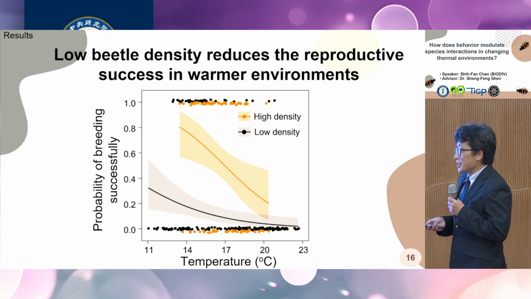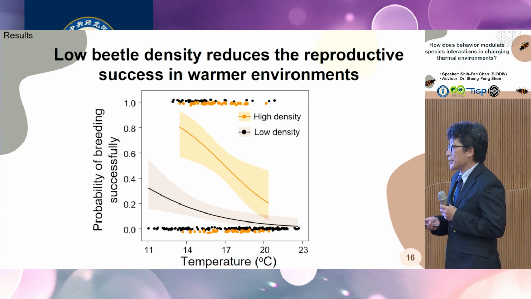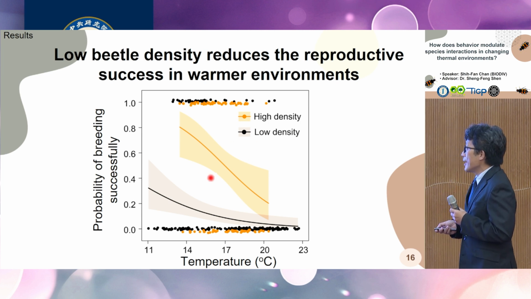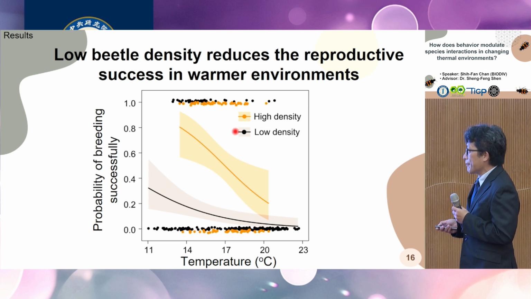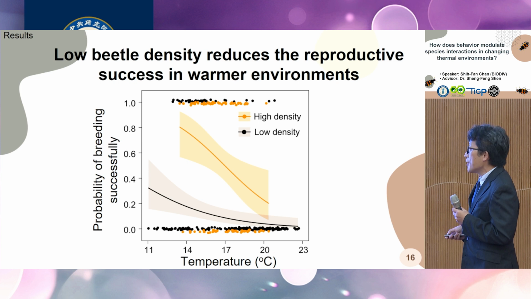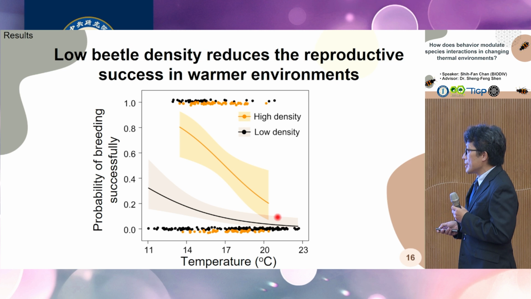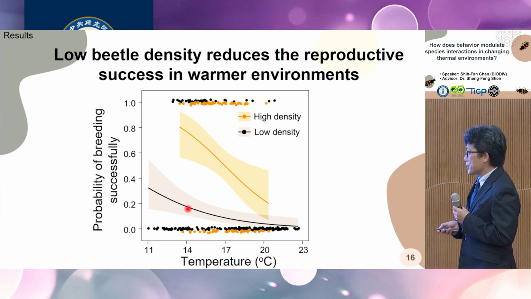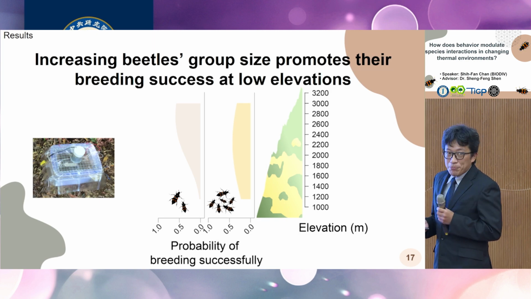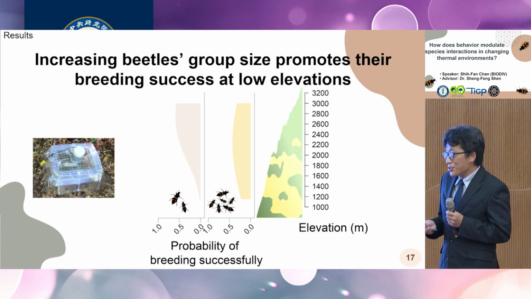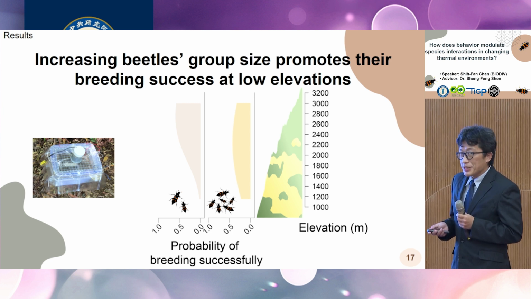Next, we tried to identify the fitness consequence of this difference in behavior. We found that at high population density sites, the beetles can successfully breed even at high temperature. However, in low population density sites, they can only successfully breed when the temperature is relatively low. Since the previous results are correlational, we also did some manipulative experiments in the field.